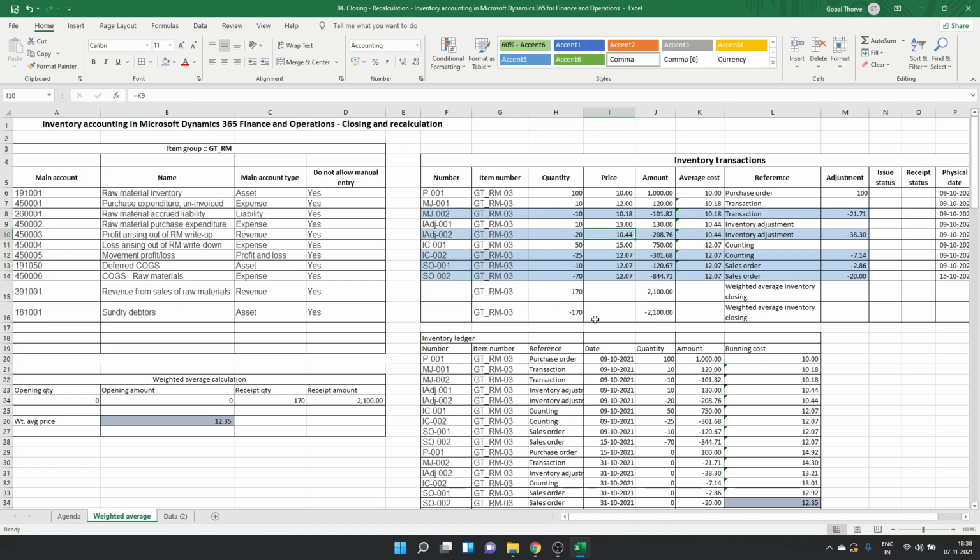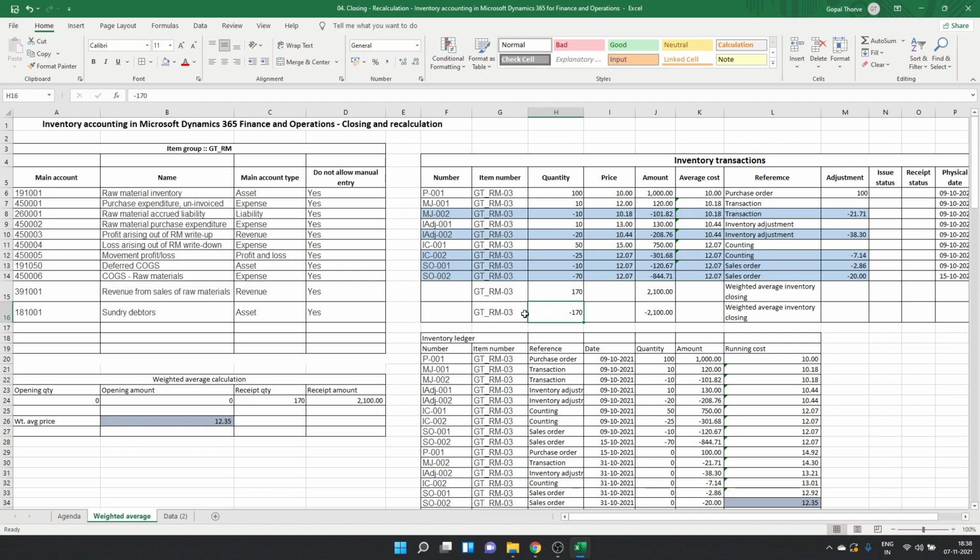Now, as I said, all the receipt transactions are closed. I just want to mention one thing here: in Microsoft Dynamics 365 Finance and Operations, except for the standard and moving average valuation methods, all other valuation methods are on a settlement basis.